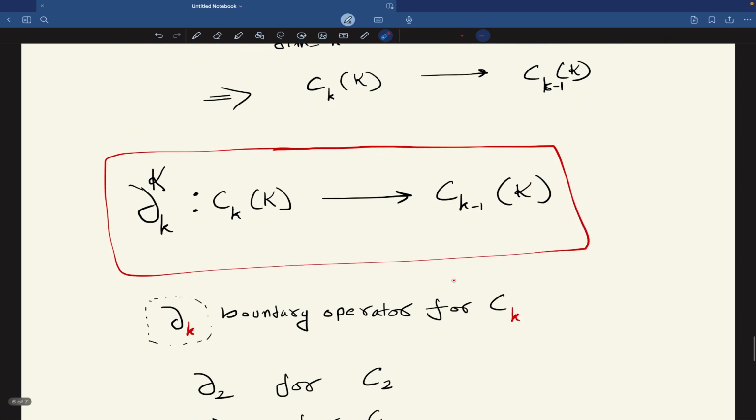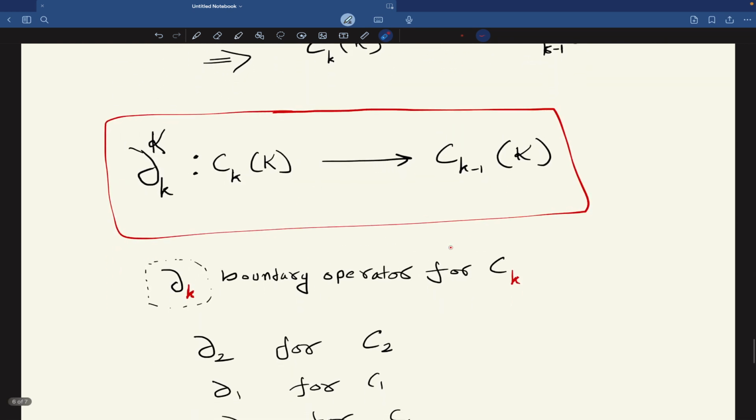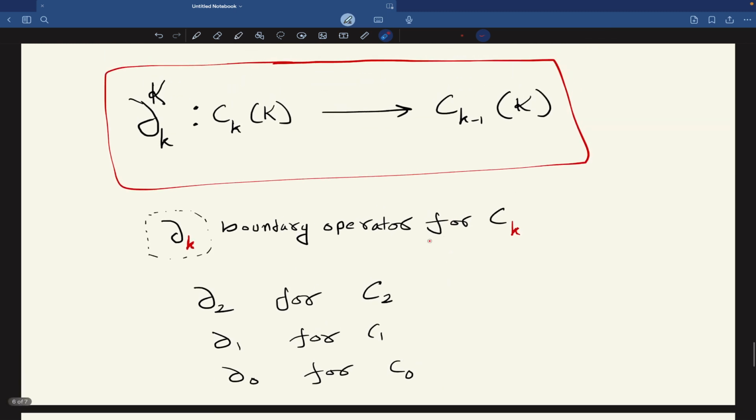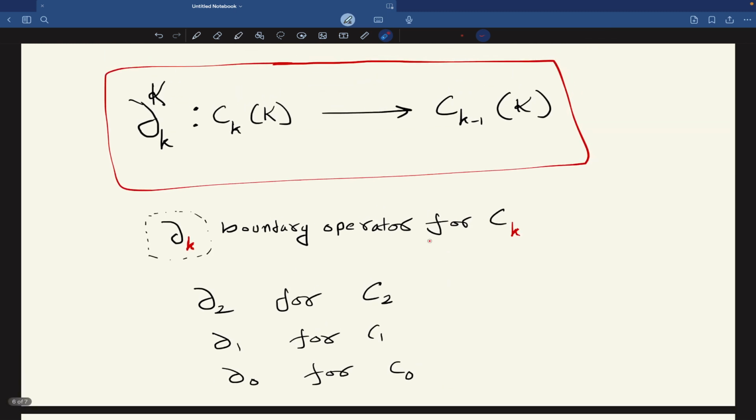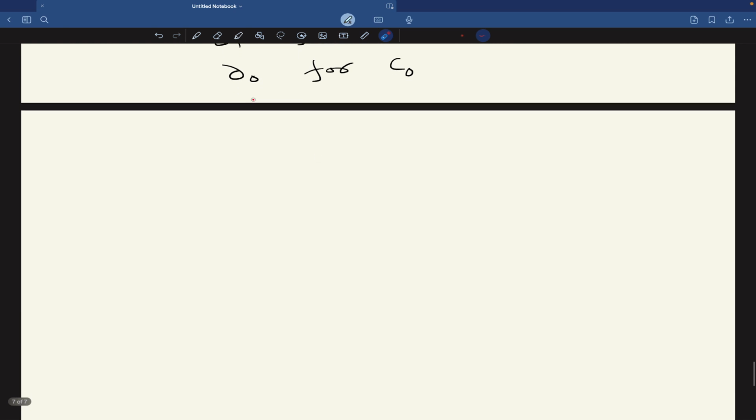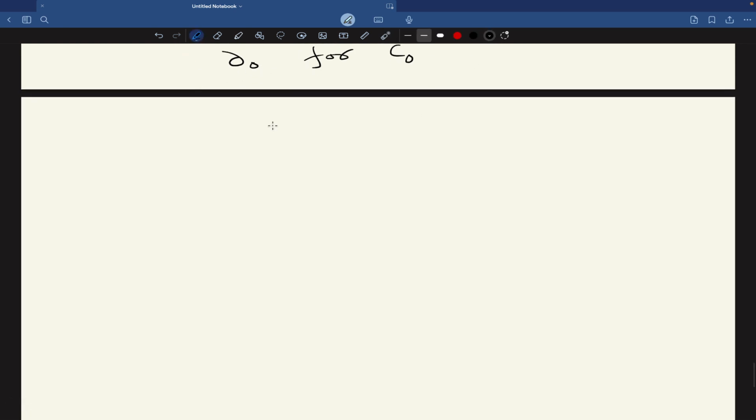In general we are going from Ck to Ck minus 1, and for each vector space Ck we have a del k. For C2 we have del 2, for C1 we have del 1, for C0 we have del 0, right? So one new term that we will introduce here is chain complex.